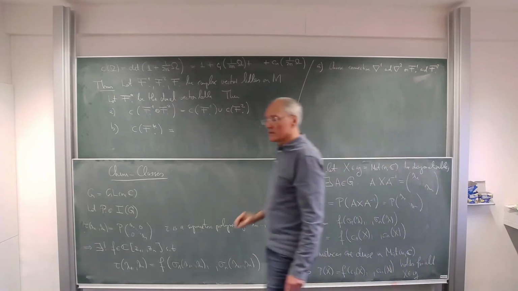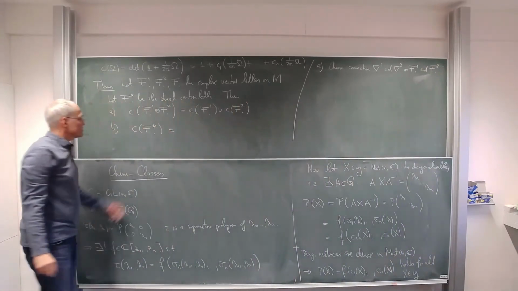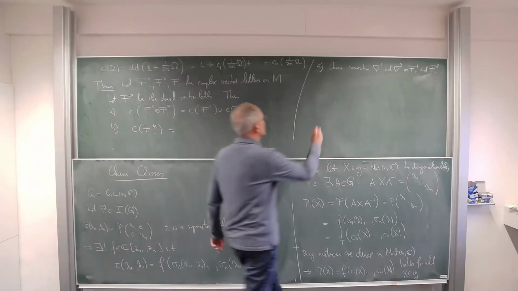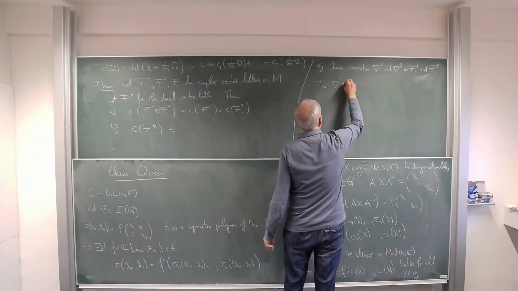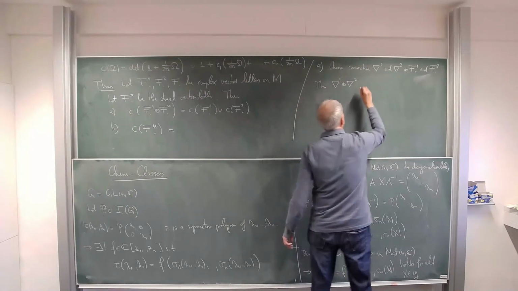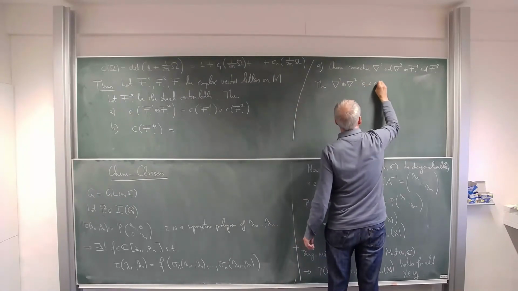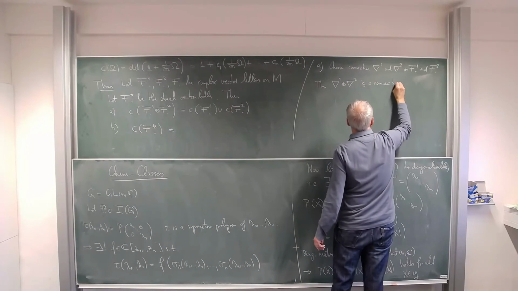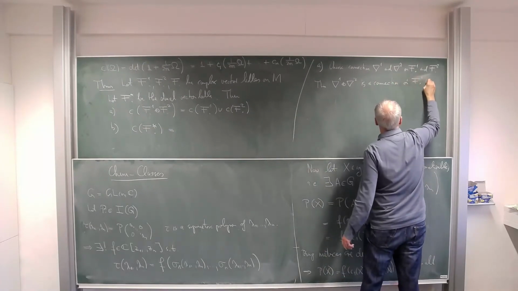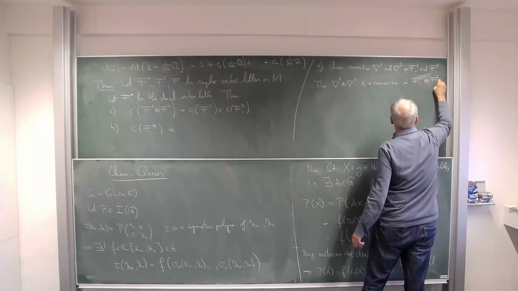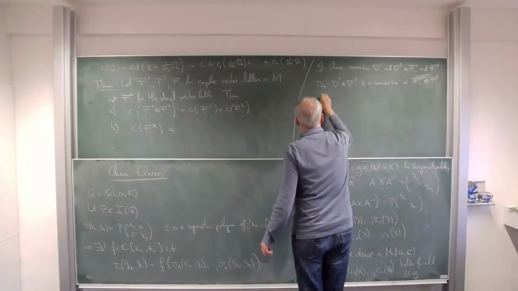And then we get in a simple way a connection on the sum, namely the direct sum connection is a connection on F1 plus F2. Where, well, how does this work?